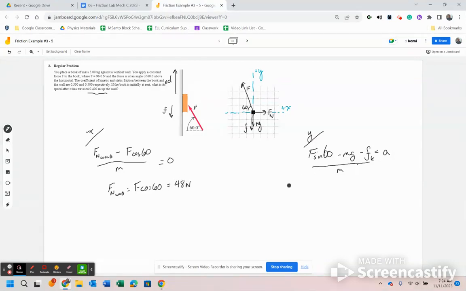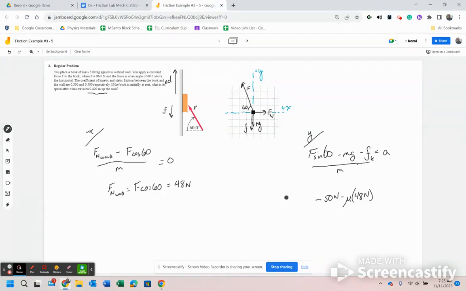So to determine the acceleration, let's say for a moment we were unsure of what friction to use. The normal force would be 48 newtons. mg is going to be minus 50 newtons.